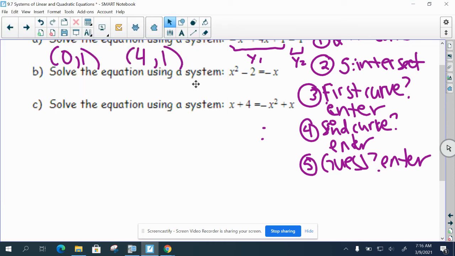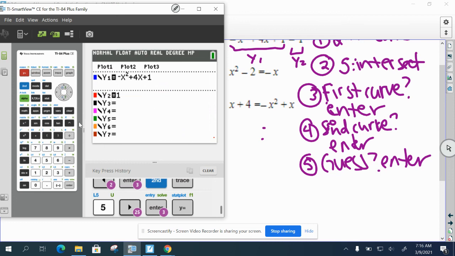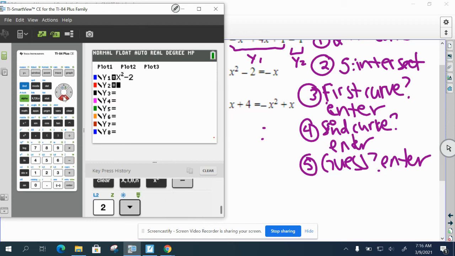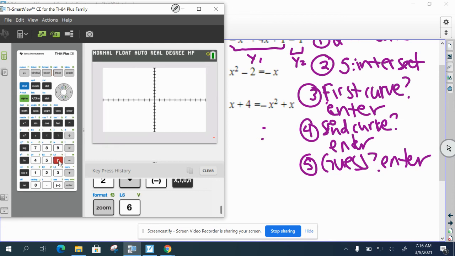All right, let's do another one. So let's do x squared minus 2 and negative x. It's going to make a parabola and a linear equation. So I'm going to do zoom 6.